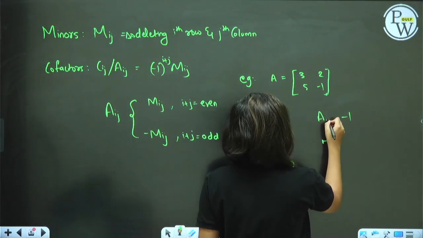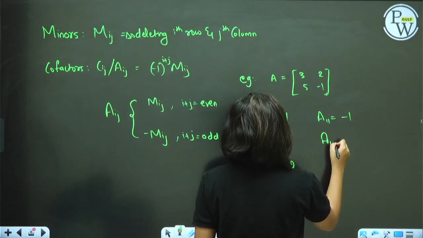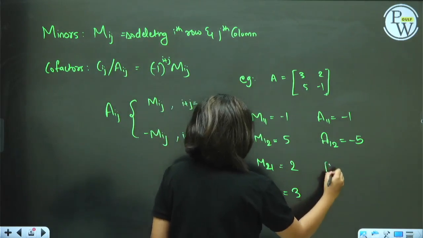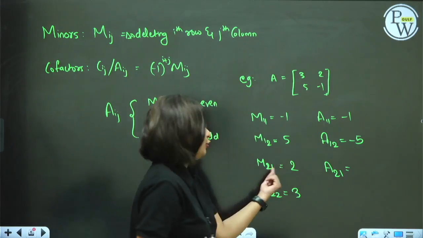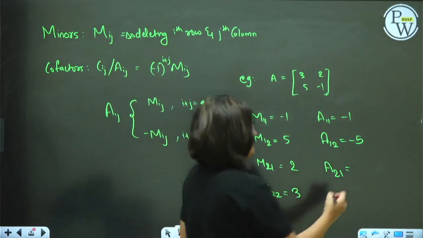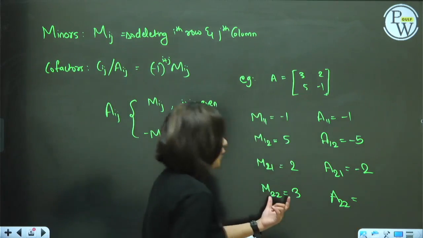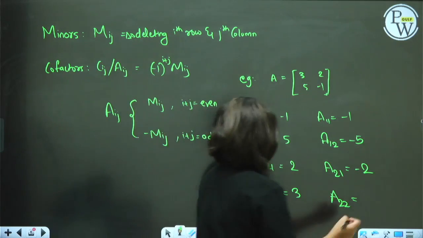This is A11, this is A12, cofactor changing its sign, 5 becomes minus 5. A21, 2 plus 1, 3, an odd number, this 2 will become minus 2. And the last one, 2 plus 2, an even number, 3 remains 3.